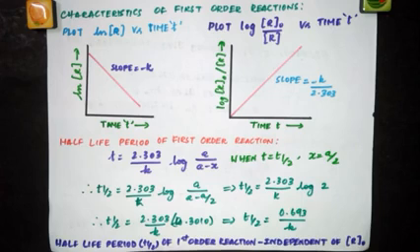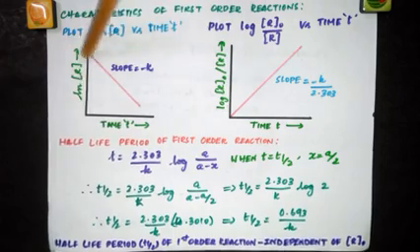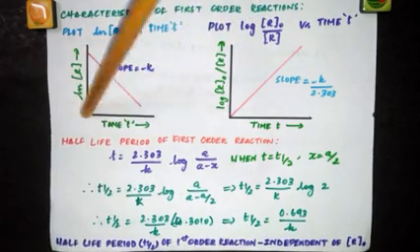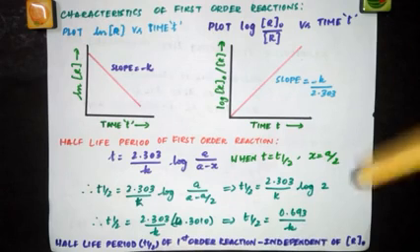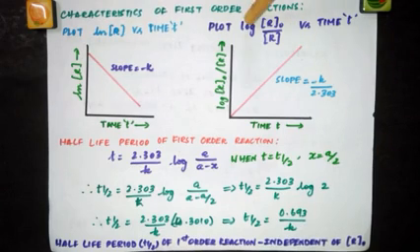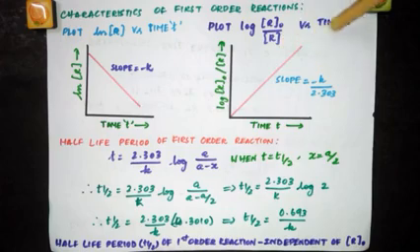We are going to draw two graphs. The first graph is the plot between ln R versus time t. What is R? The concentration of the reactant. So ln R is taken on the y-axis and time on the x-axis. So you will get a straight line, and the slope of this graph gives you minus k. And in another graph, we are going to plot log R naught by R versus time.